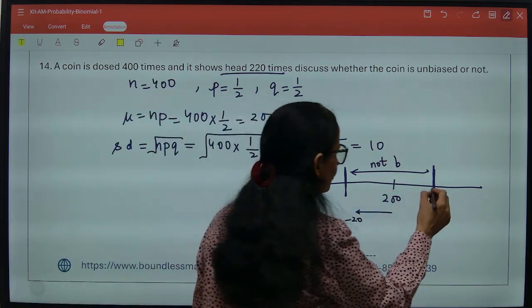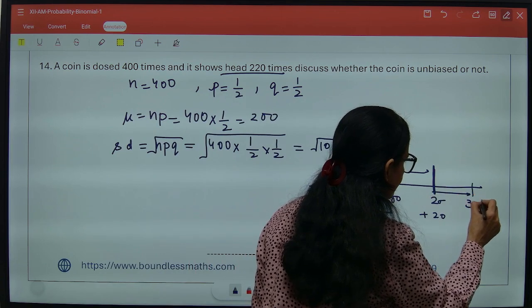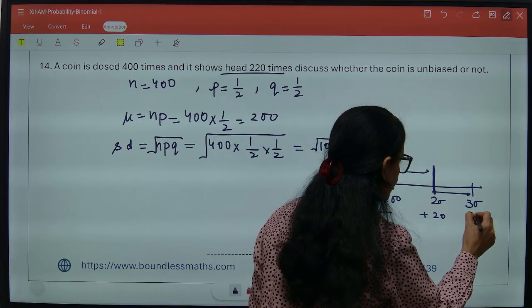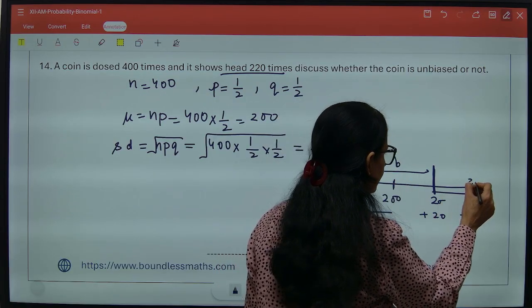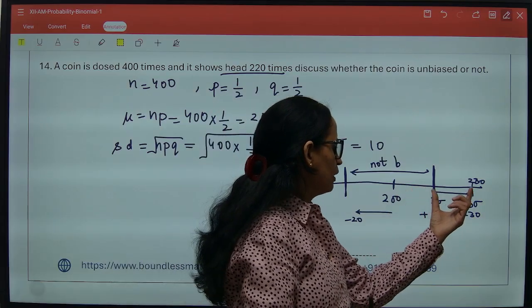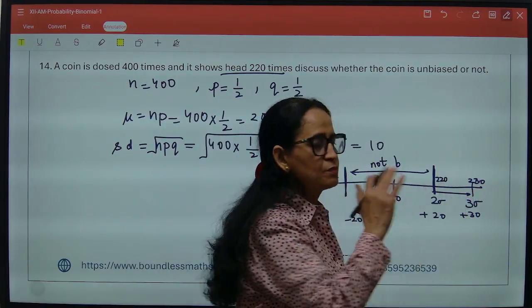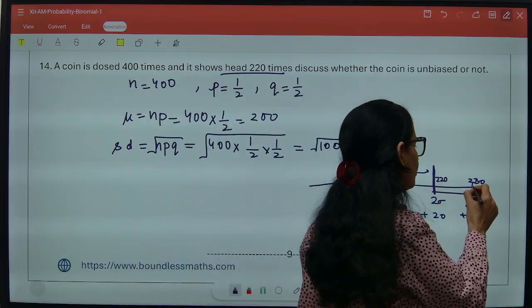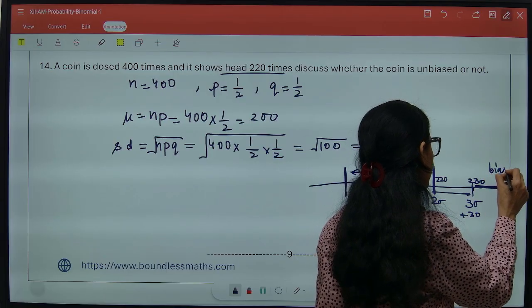If the value is between 2 sigma and 3 sigma, what is 3 sigma? 3 times 10 is 30. So it is 200 plus 30, where 200 is the mean. 200 plus 30 is 230. Then if it is in this range 220 to 230, that means it may be biased, may not be biased. And if the value goes beyond 230, then it is for sure biased.